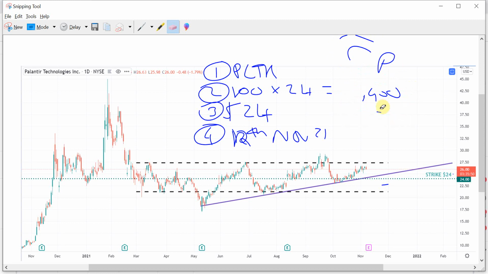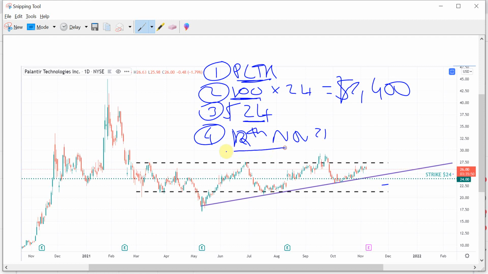So hopefully that piece makes sense. $2,400. So I'm willing to sell 100 shares of Palantir at the $24 strike, expiring 12th of November 2021, which is next Friday.